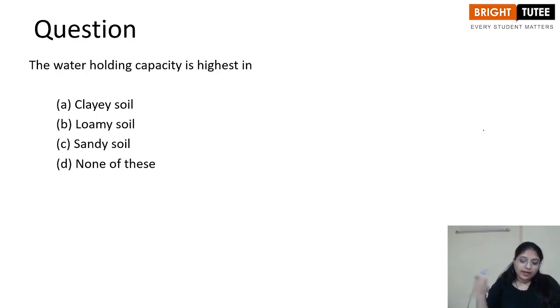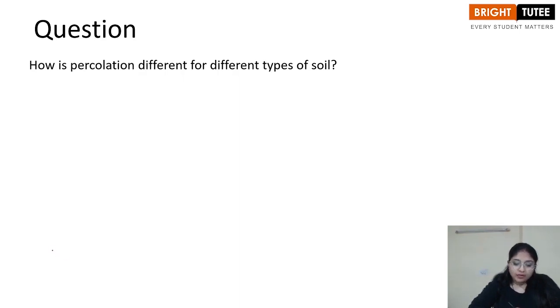The water holding capacity is the highest in the clay soil, right? We've already seen in different types that clay soil has the highest water holding capacity, and the same will be proved when you do this experiment, this activity, and you will see that clay soil also has the highest water holding capacity.